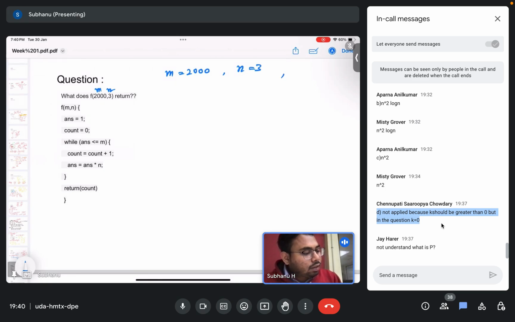Your answer is basically 1. Try to see what they are actually doing, what the values of m and n are, and how the count value is going.